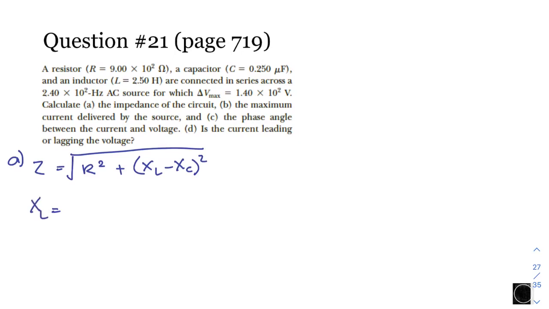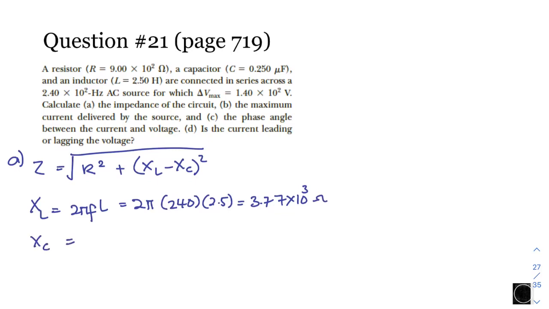XL is equivalent to 2 pi fL, which gives you 2 pi times 240 times 2.5 Henry, which gives you 3.77 times 10 to the power of 3 ohm.